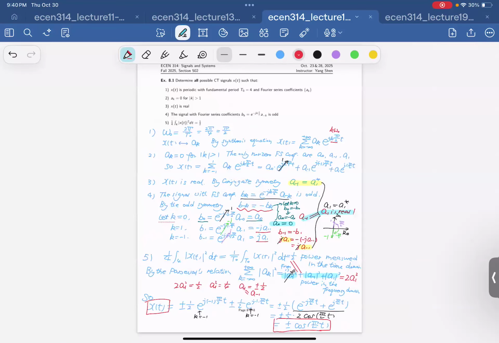And then that is the final solution. That is just plus or minus cosine half pi t. That is the signal that we have been trying to figure out with all these 5 clues. I hope you have enjoyed this example.